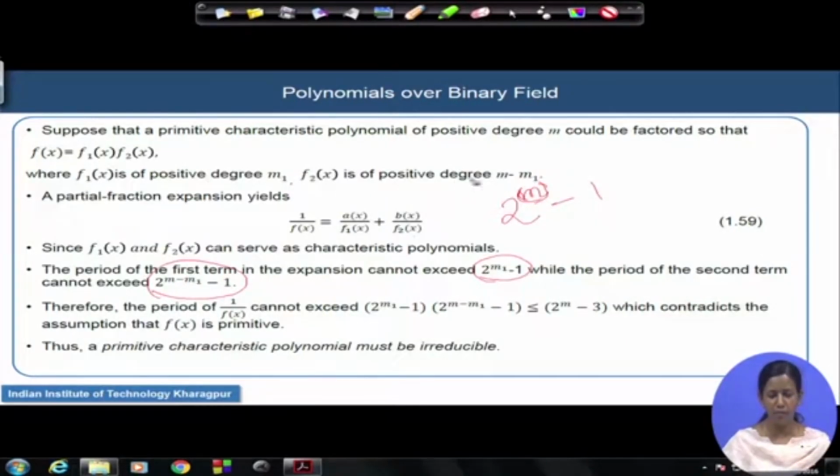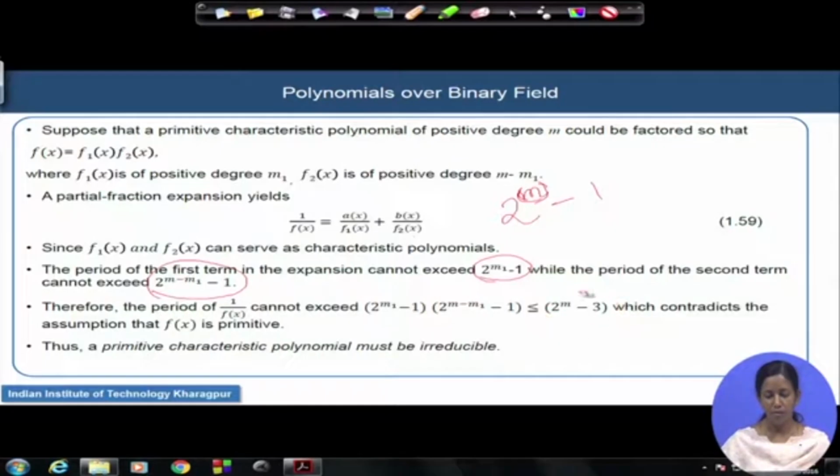Here one has degree m1, another has degree m minus m1. So, the generated sequence can never have a period more than this. And therefore, the period of 1 by f(x) cannot exceed this value.